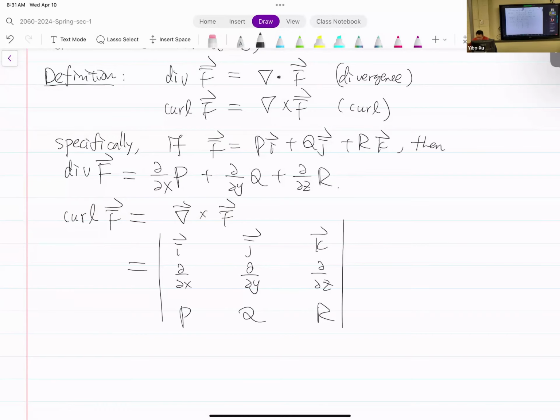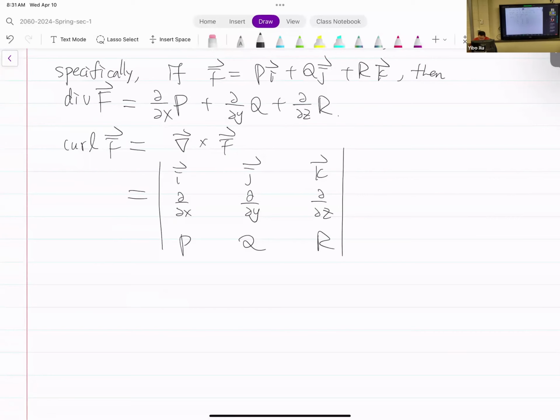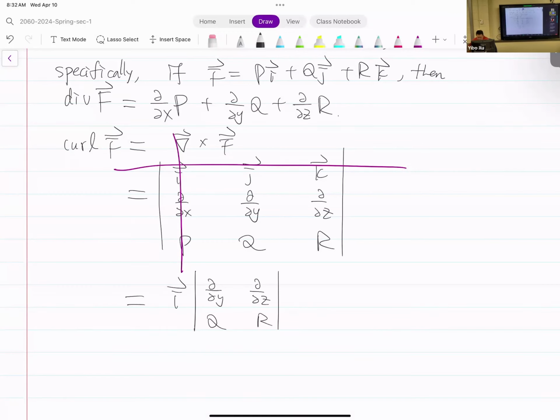And then we just explicitly write out what the cross product gives us. To break it down into order 2 determinants, for the leading term it's going to be i, and we eliminate the first row and first column. That gives us the order 2 determinant with del y, del z on the first row, Q, R on the second row.